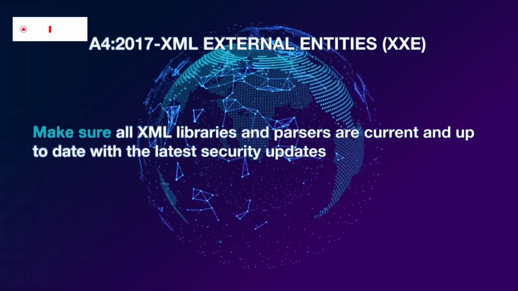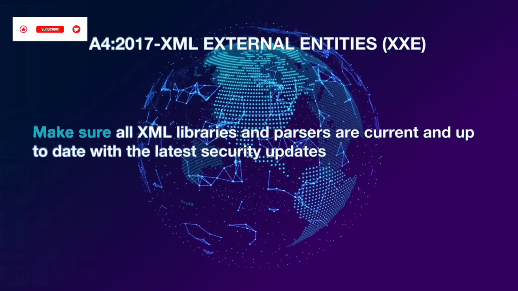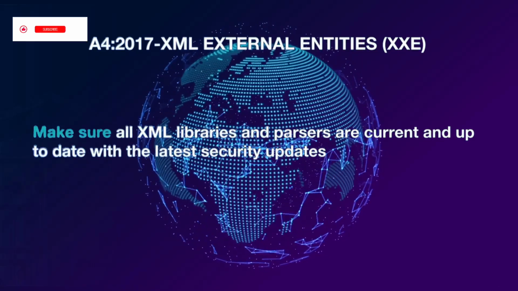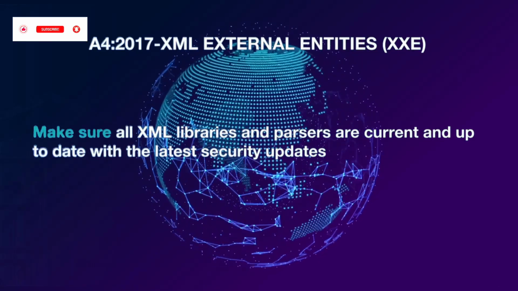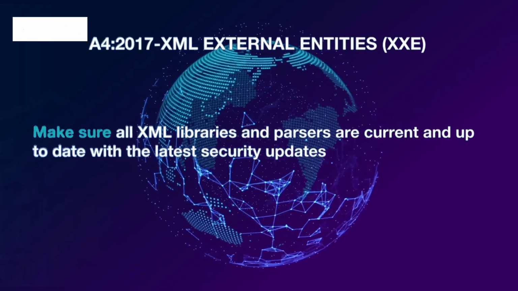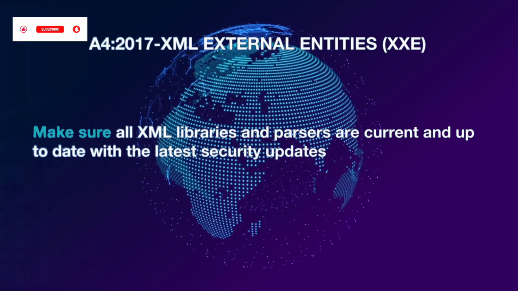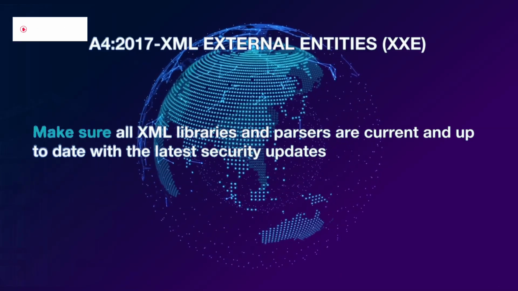Now the DTD will allow you the capability of defining an entity. If you disable this, then the coder, or an attacker, cannot define the entity. And the entity could be an XML doc, it could be an Excel document, a PDF document, whatever you are calling within the XML code itself.